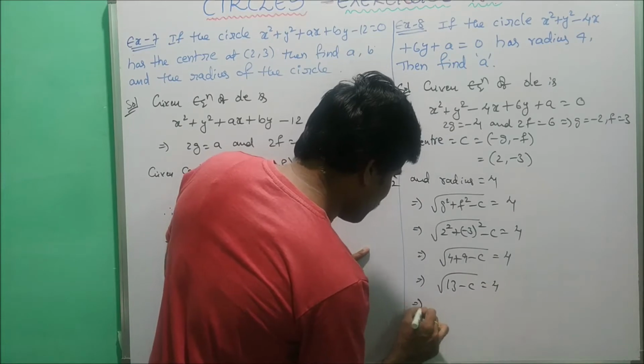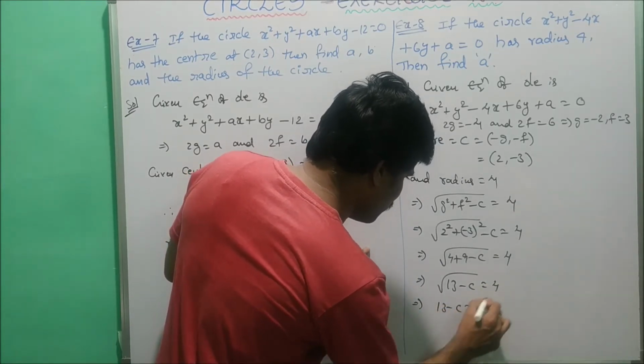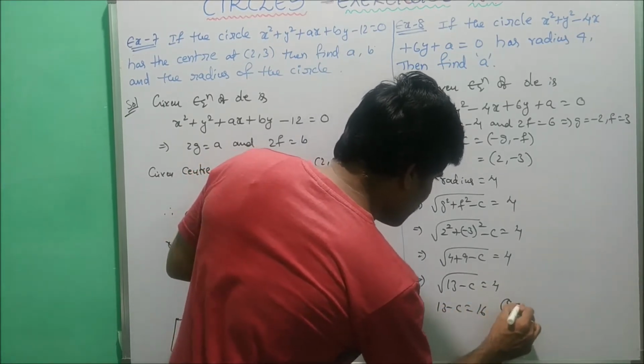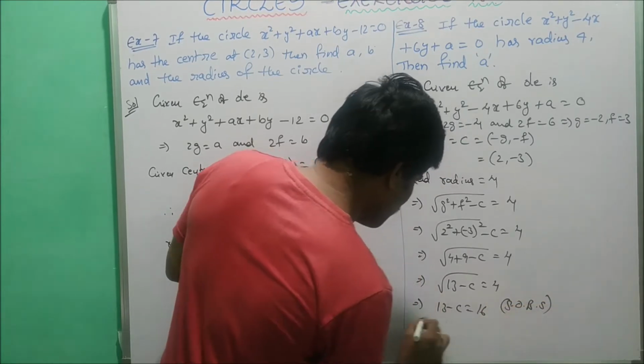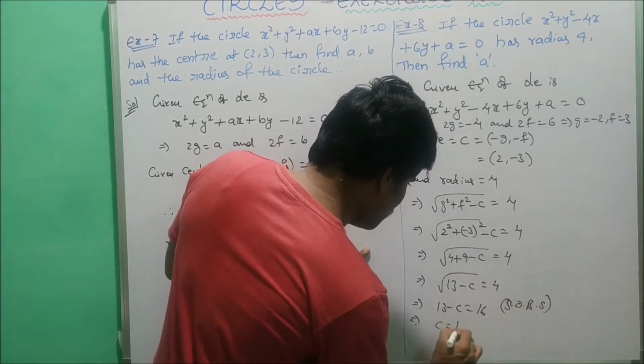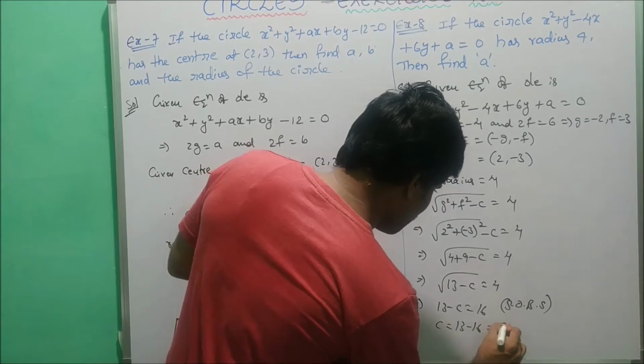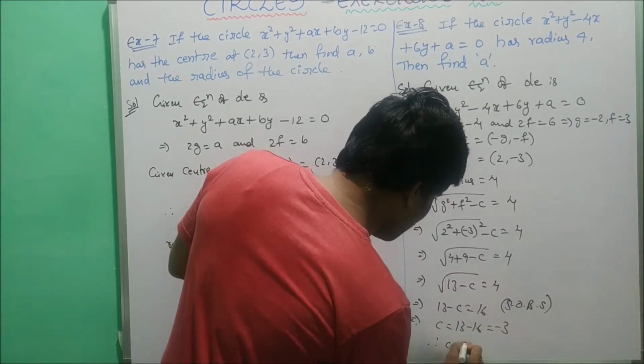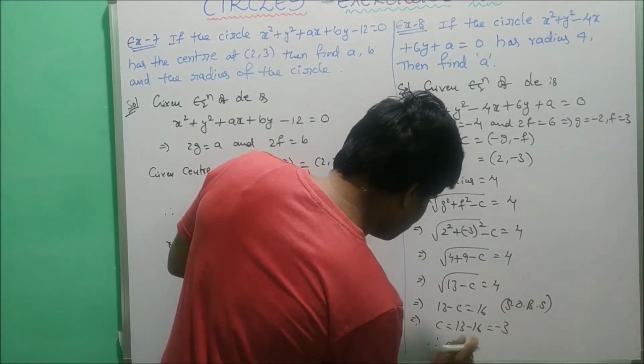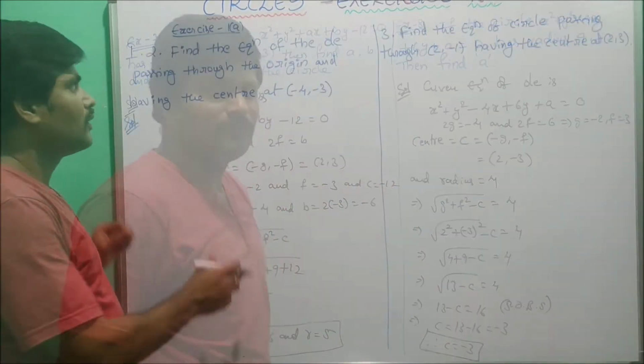Now squaring on both sides, 13 minus c equals 16, which implies c equals 13 minus 16, that equals minus 3. Therefore c value is minus 3. So this is the solution for this sum.